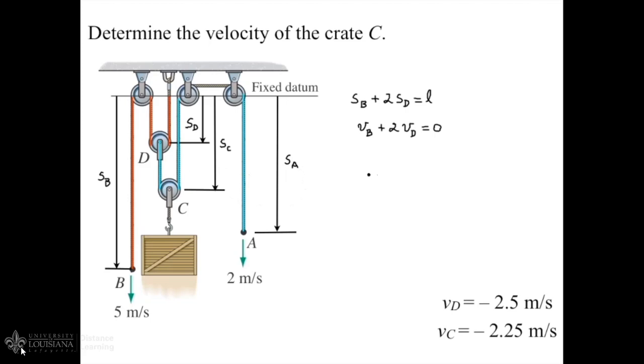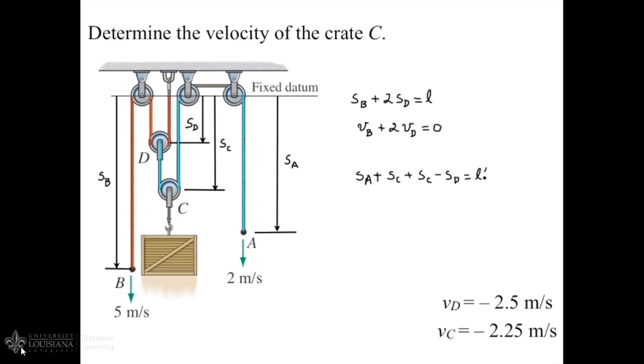We have S sub A plus S sub C plus this piece, and of course that would equal S sub C minus S sub D. All this will equal another length, L prime.